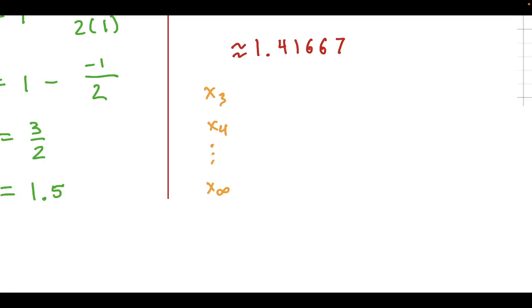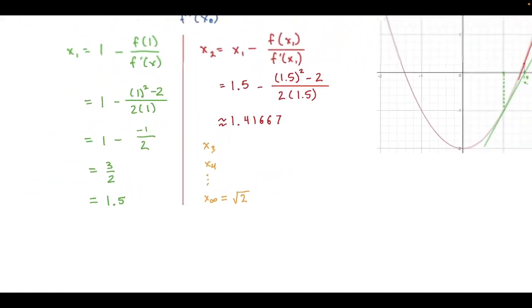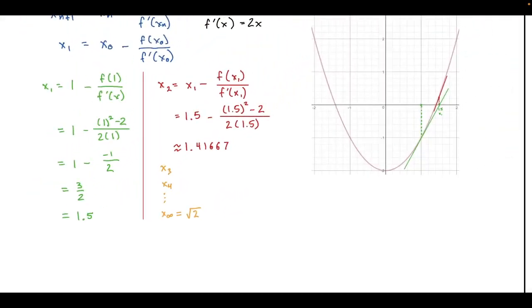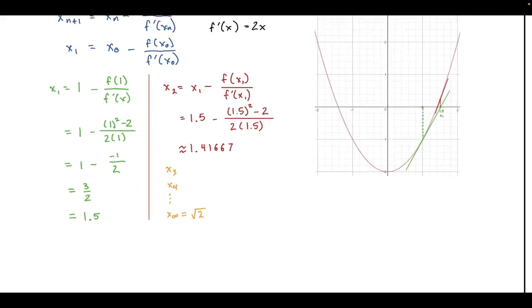Sure, infinitieth approximation, this would be exactly the square root of 2. Again, we don't ever really need that much accuracy, but it is worthwhile to note what is going to happen if we continue this process.